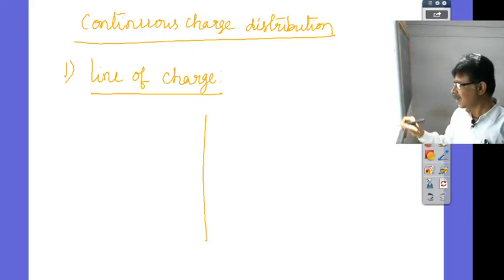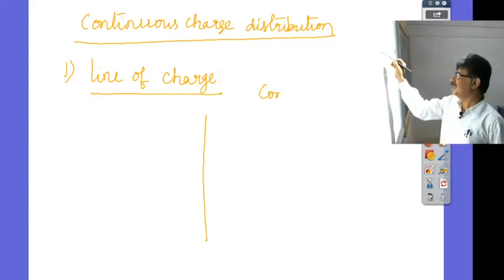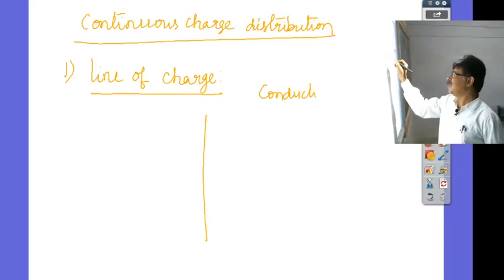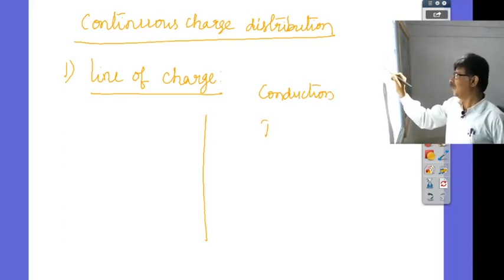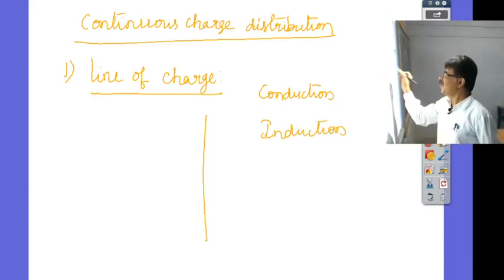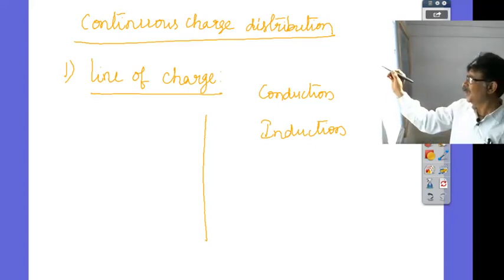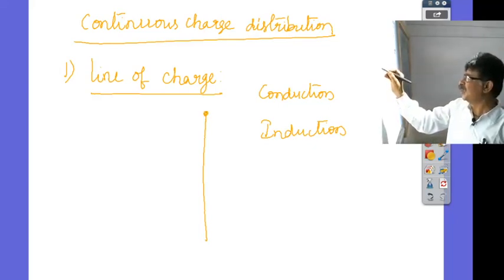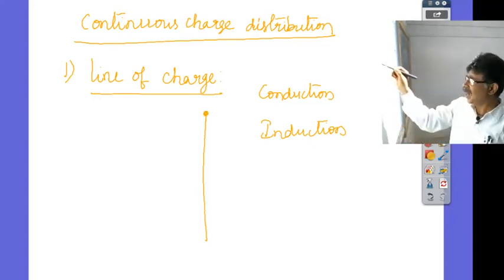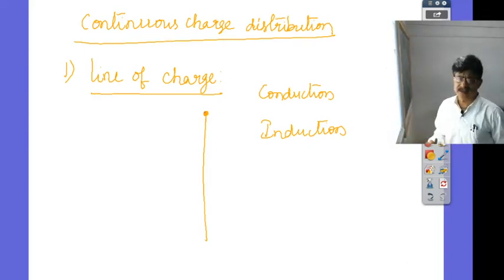Now this can be charged by means of conduction or by means of induction, whatever procedure we can adopt, right? We can charge it. Let me say I am going to give a charge plus Q to this string at this point.